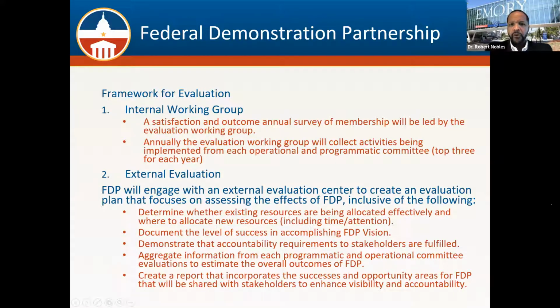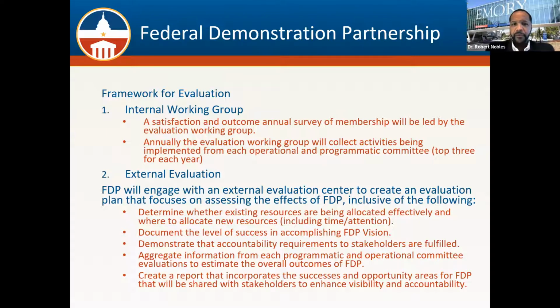But the critical questions that we would ask is really looking at the existing resources of FDP and making sure that they're allocated effectively. And that's really engaging with our finance committee and then surveying you all related to activity of FDP. Documenting the level of success in accomplishing FDP's vision. So there's a lot of information related to the vision.